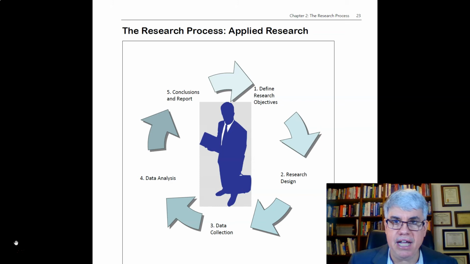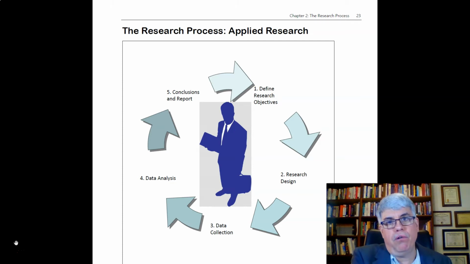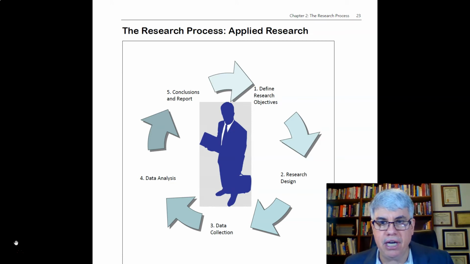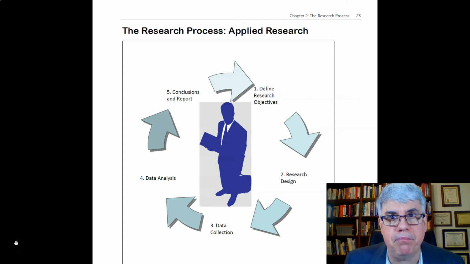So we get the data analysis, we test our hypotheses, we put everything together, and then the fifth point is we make conclusions. We decide what we can know, what we can't know from the data, how that relates to our research objectives, and we make some conclusions. Do we know something now? Did we learn something? And then what does this mean, and how should we apply it to the problem?